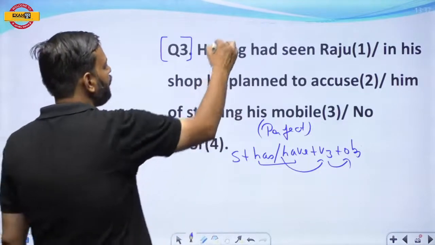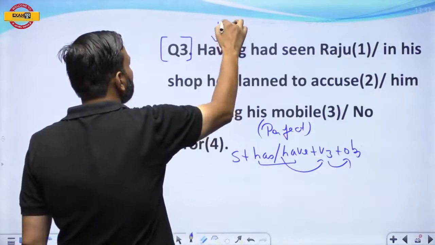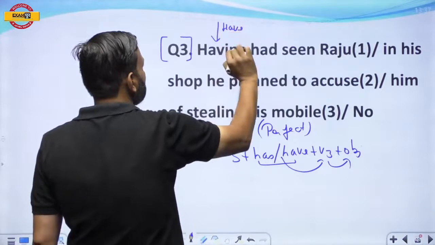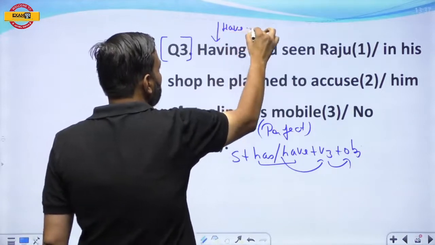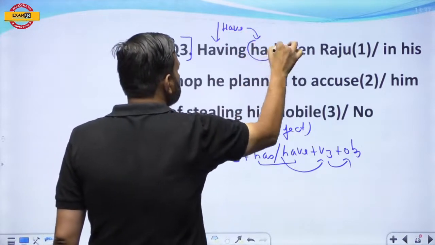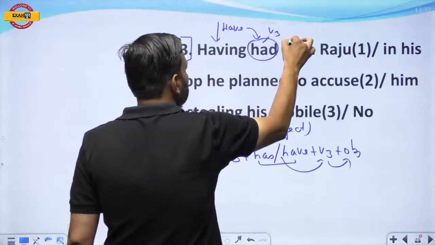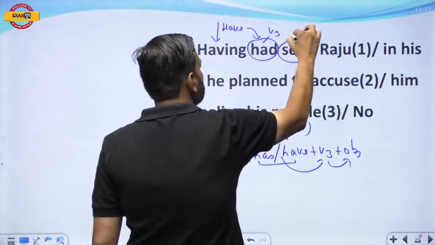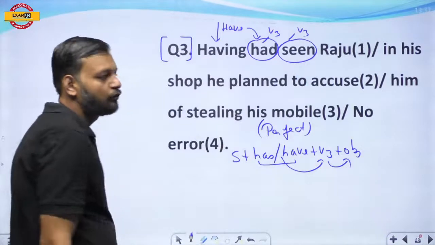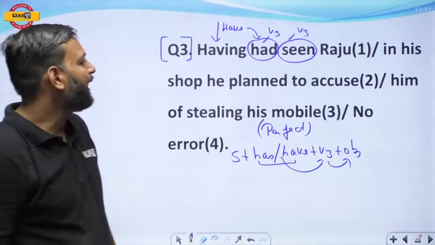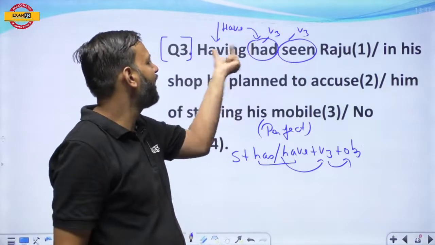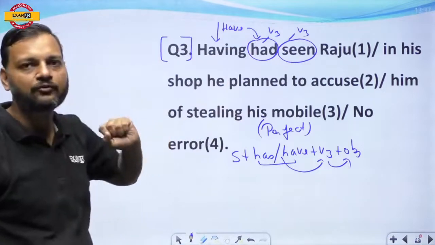So in the sentence we have having. Consider it have. Now after have we have had, which is a third form, and we have seen, which is also a third form. So we have used two third forms after have, and it is not possible.